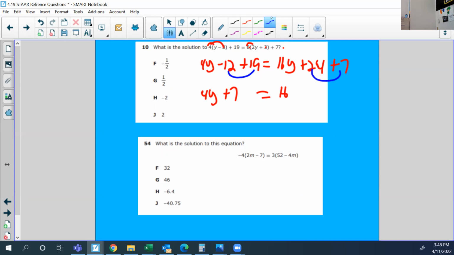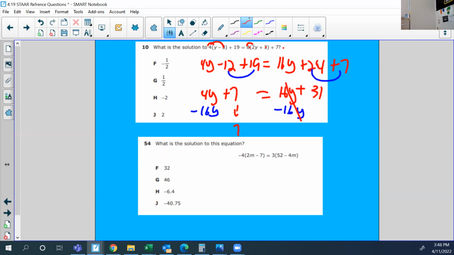That is 31, so 16y plus 31. Okay. Now I'm going to move all my y's to the left side. So I'm going to minus 16y from both sides, and that becomes 0. Now I'm going to bring down my plus 7, right? Make sure you bring down your 7.